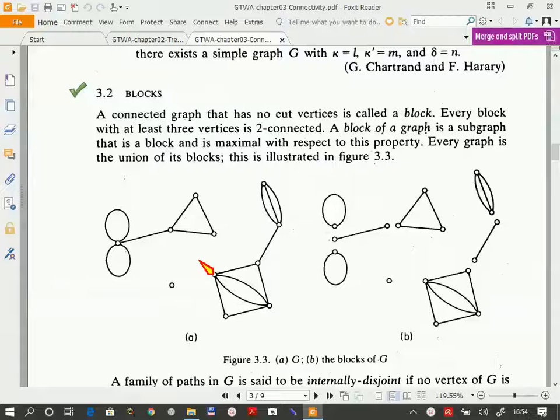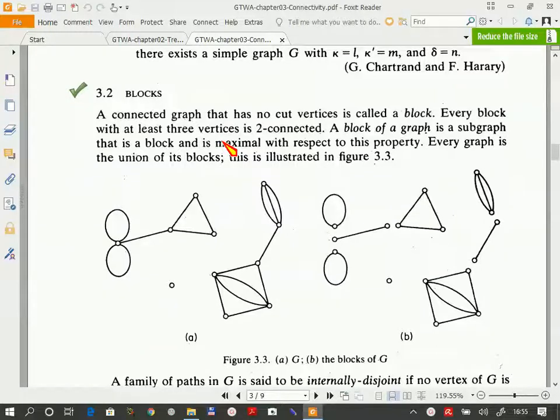So if you have this graph, you have all these blocks, meaning that this and this are the same vertex, this and this are the same vertex, this and this and this are the same vertex. There is not just the fact that it is a subgraph which is a block, but also that it's maximal with respect to that property.